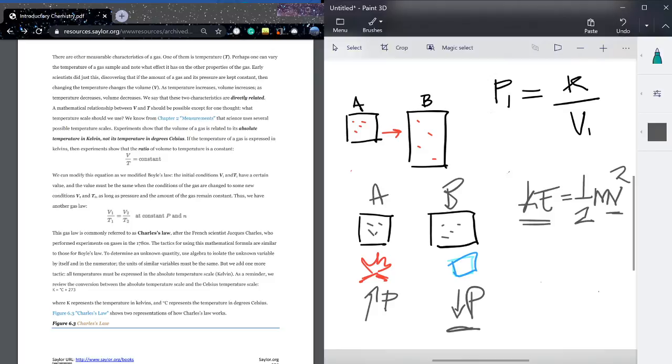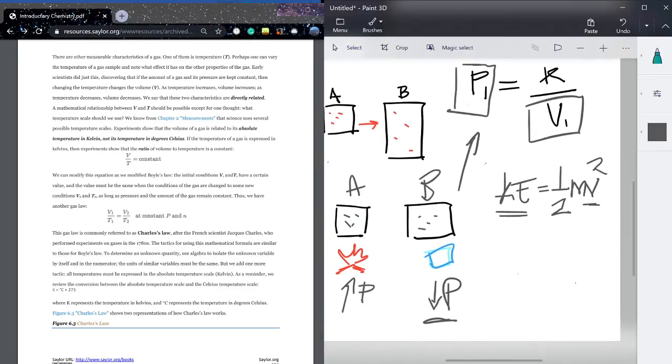Therefore, if we look back at this relationship between pressure and volume, if pressure is inversely related to volume, but proportionally related to temperature, well, let's take a look at their relationship.